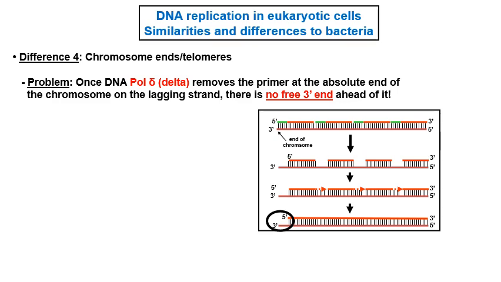You get to the end of that stretched line, and you're going to have a problem finishing up the replication with your lagging strand, because you are not going to have a free 3' OH at the end of your lagging strand where you can synthesize your missing part of DNA.